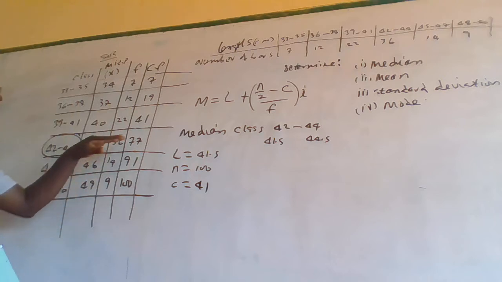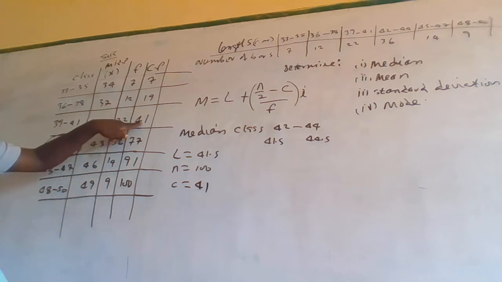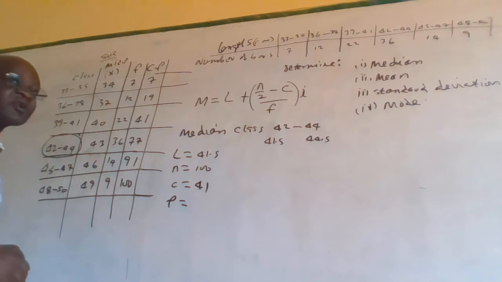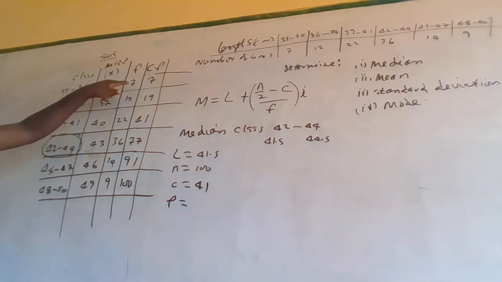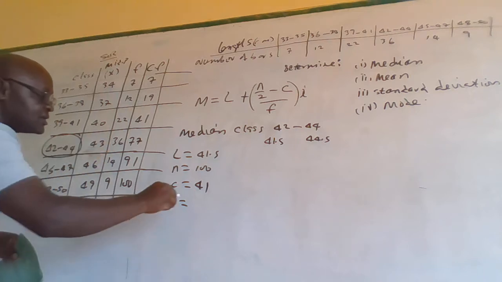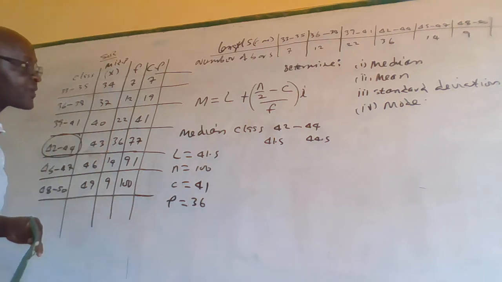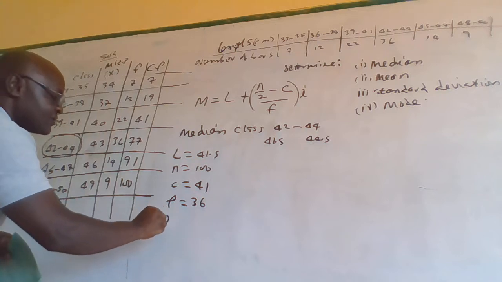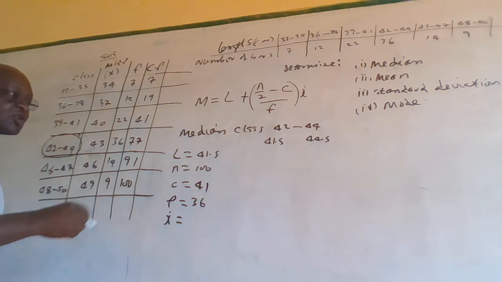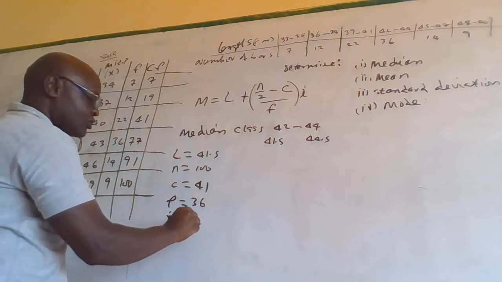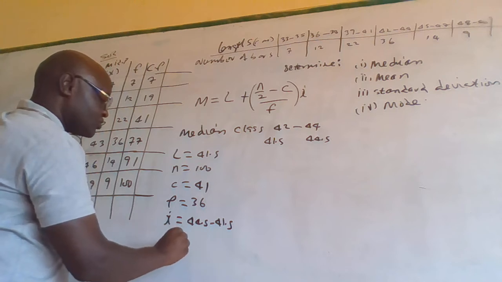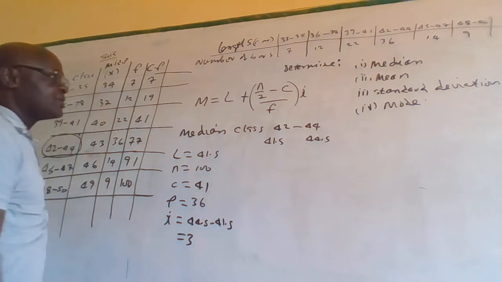And F is the frequency of the median class, that's 36. The class interval is the upper limit minus the lower limit, 44.5 minus 41.5, which equals 3.